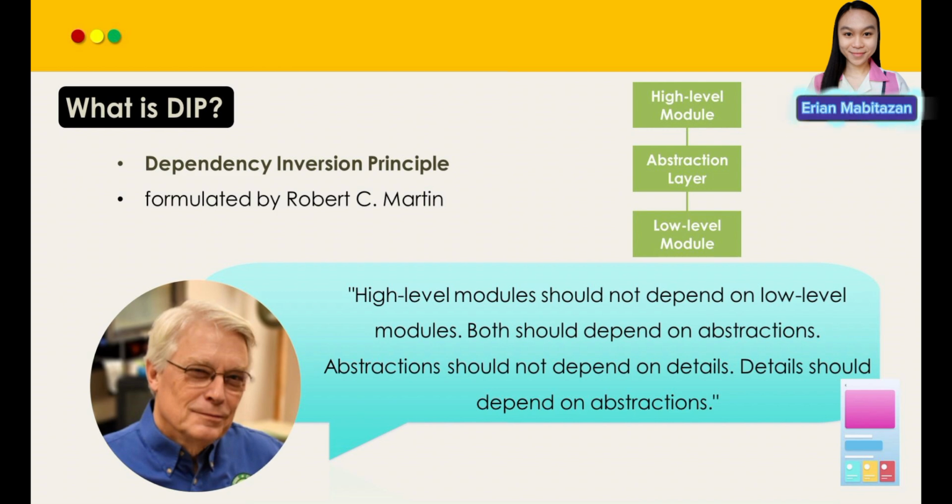In simpler terms, this principle suggests that software design should be based on abstractions, not concrete implementations. This promotes loose coupling between components, making the system more flexible, maintainable, and easier to modify or extend.